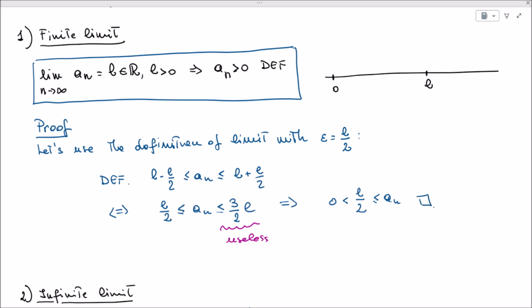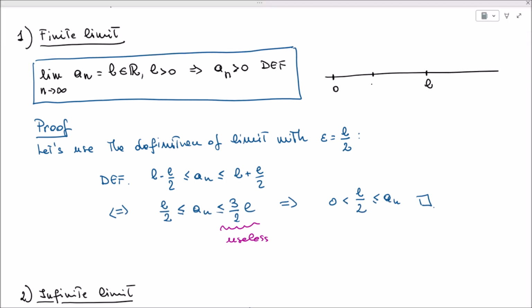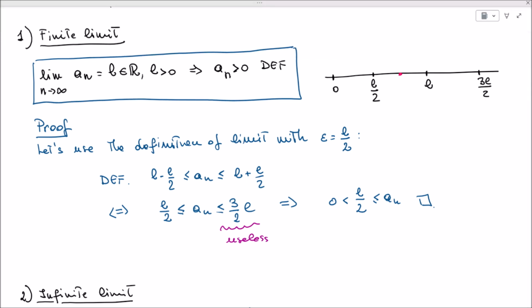If we want to visualize this on the real line, clearly we're saying that definitively it must be true that the elements of the sequence will be within this interval. So we can definitely say that they will remain positive definitively.